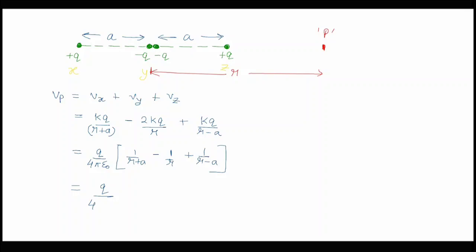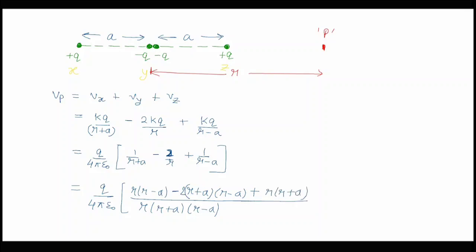This entire expression can be solved in this way. We are taking 4 pi epsilon naught, and if we take the LCM as r plus a and r minus a, the expression we obtain is r minus a, minus twice of r plus a and r minus a, and then r plus a.